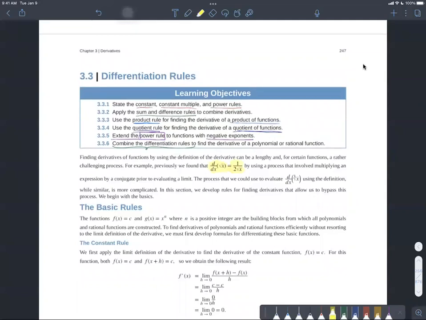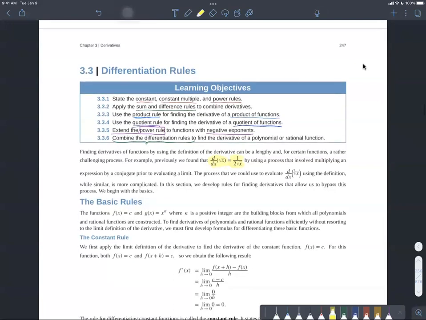The process that we could use to evaluate d/dx of the cube root of x using the definition, while similar, is more complicated. In this section, we develop rules for finding derivatives that allow us to bypass this process. We begin with the basics.